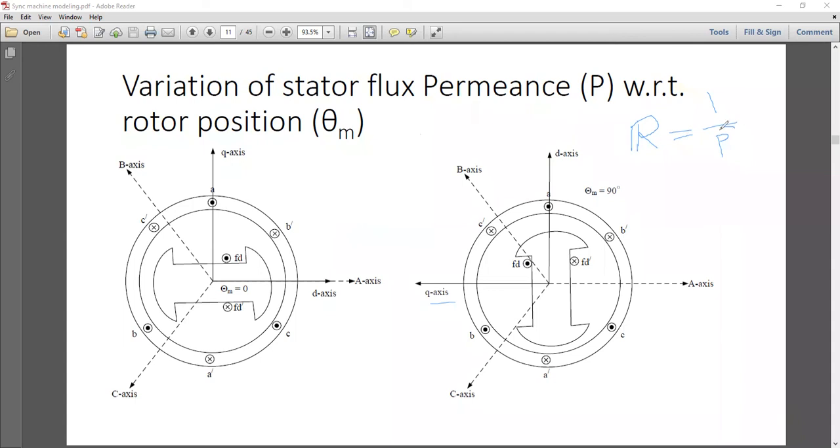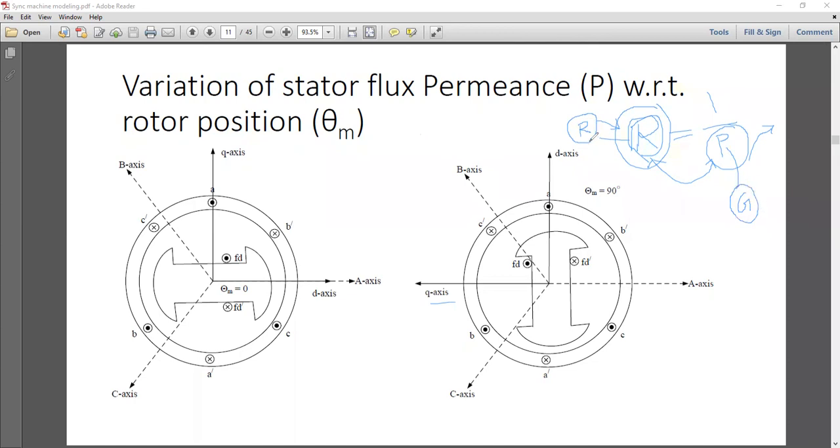So it is the allowability, whereas the reluctance is the opposite of permeance: how much the medium resists me establishing the magnetic field. That's why they are inverse, similar to resistance. How much it resists the electron flow in an electric circuit, for a magnetic circuit it is reluctance. And permeance is the same as you can say the conductance.